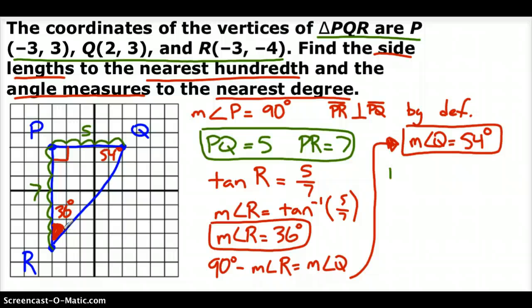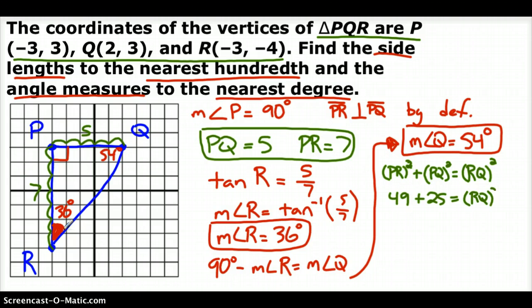So we know that basically PR squared plus PQ squared is going to be equal to our hypotenuse here, which is RQ squared. Okay, at this point I know that PR squared is definitely just going to give us 49, right? So 7 squared is 49. I know that PQ squared here is going to give us 25, and that's going to be equal to RQ squared, right?